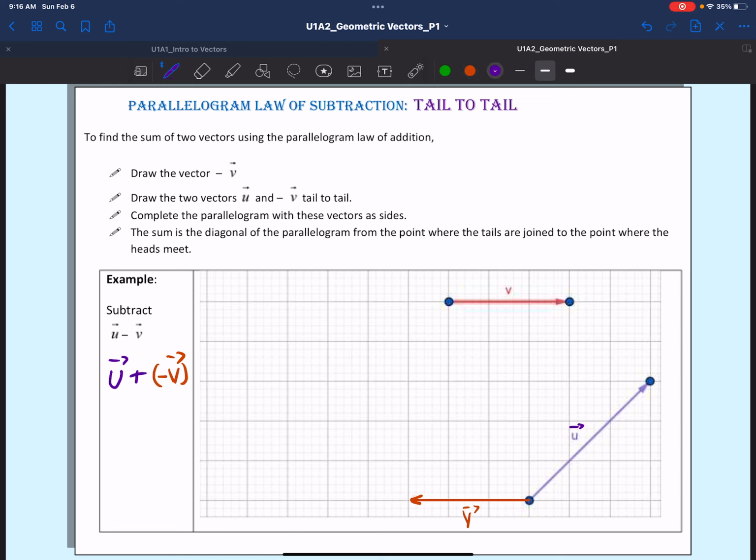And the sum of the two vectors will be the diagonal. So we have to draw the parallelogram. And another one which goes right here. And here goes our beautiful parallelogram.